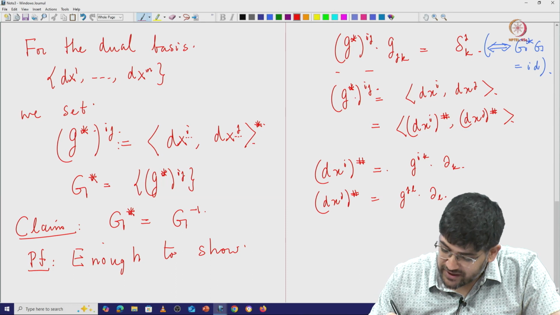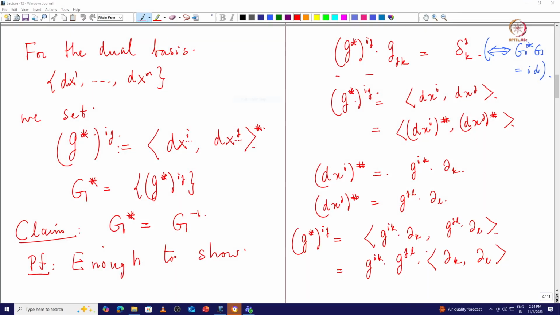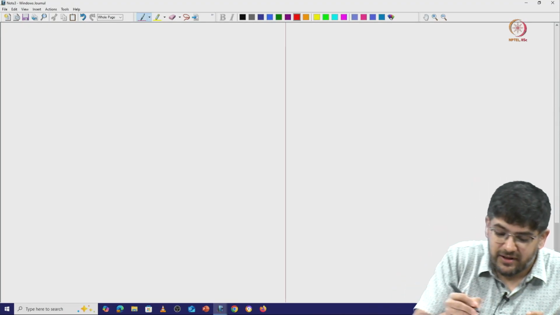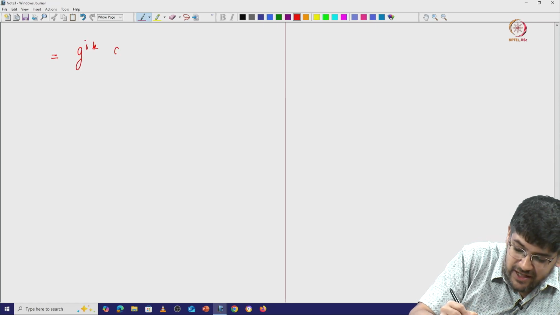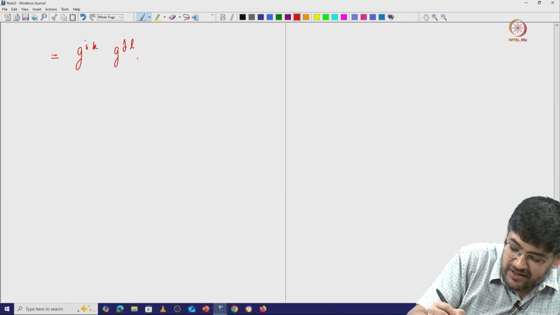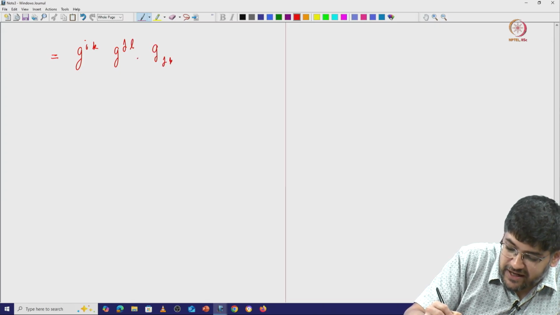So the inner product, by bilinearity, I can pull out the metric components outside and you get the inner product of del k del l, which is g ik times g jl times g kl.